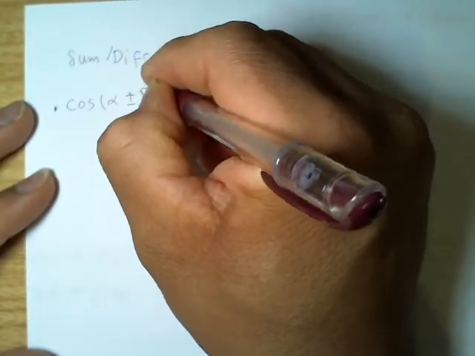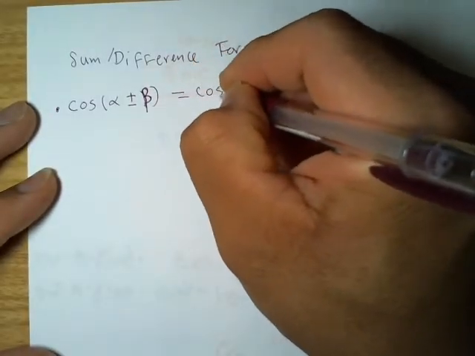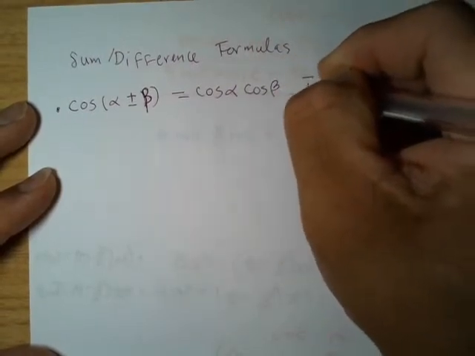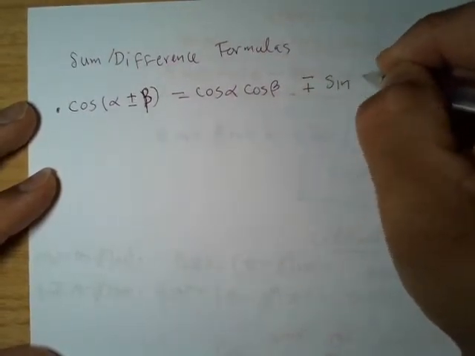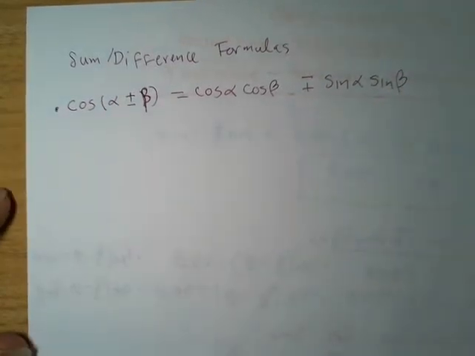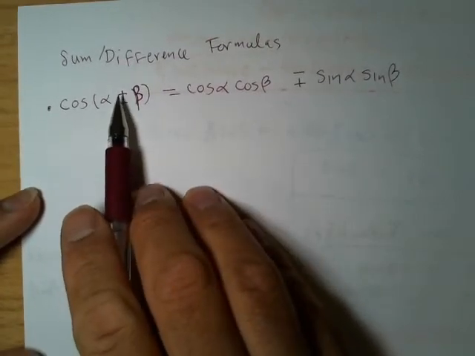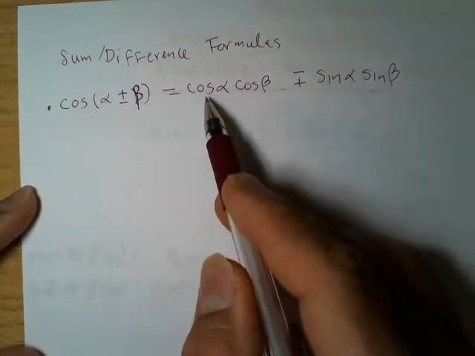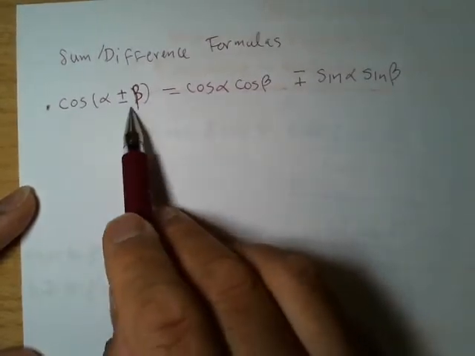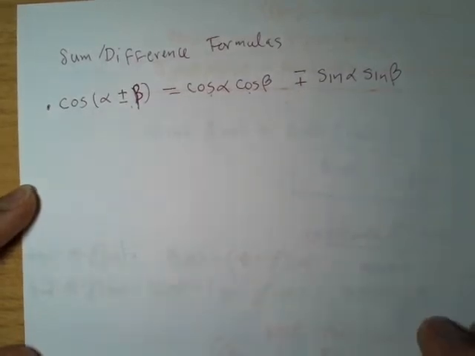Let's explain what this means: cosine alpha, cosine beta. This is actually representing two formulas. When we have alpha plus beta, choose the top sign, so cosine alpha, cosine beta minus sine alpha, sine beta. Alpha minus beta, cosine alpha, cosine beta plus sine alpha, sine beta.